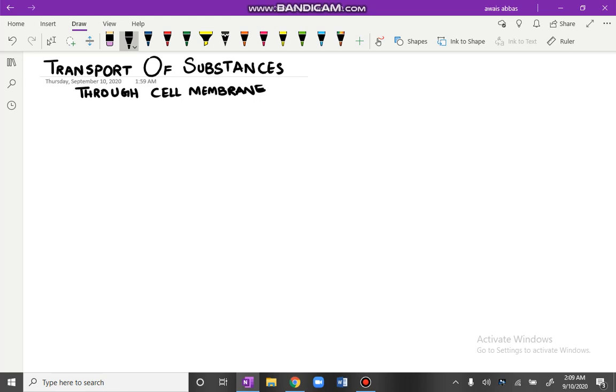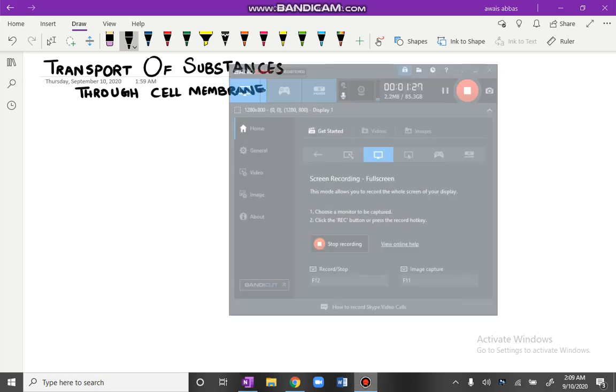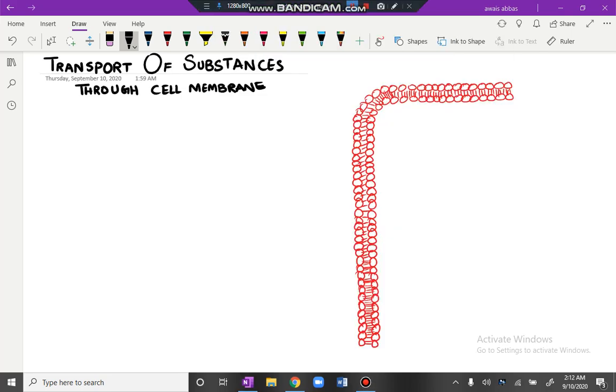I'll just show you how they are organized in this particular pattern. Okay, look over here. I have represented a membrane which is showing you the inside of the cell and which is showing you the outside of the cell.